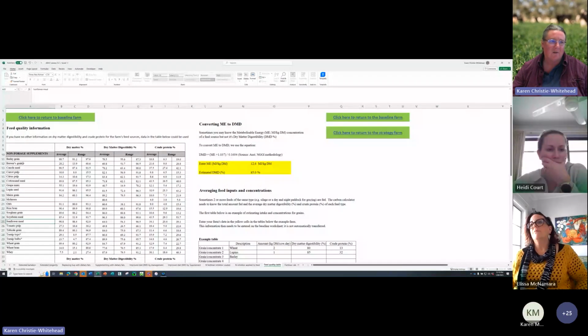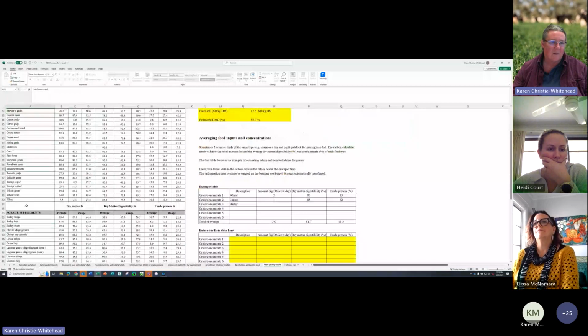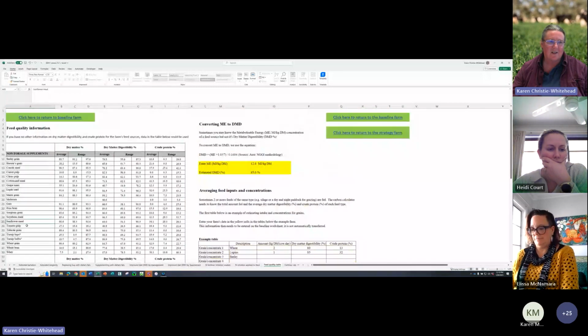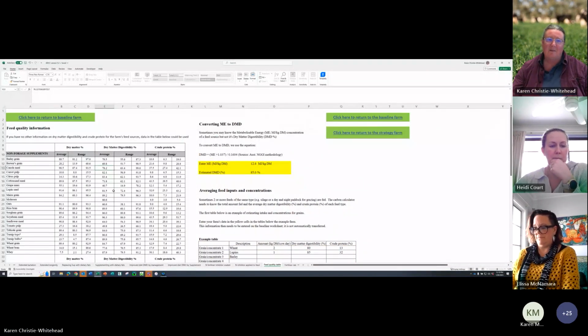So we've got your grains and the like on the top, and then your hays and silages, and we've given some dry matter digestibility in terms of average but also range. So you might go, actually I feed canola meal and I have no idea what it is. This is a fallback: okay, canola meal, it's say 78% dry matter digestibility.